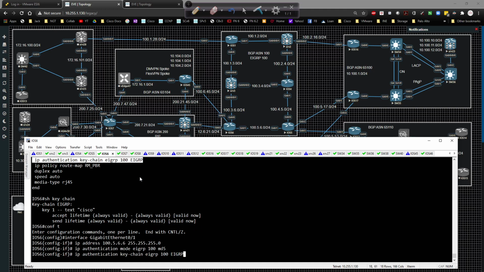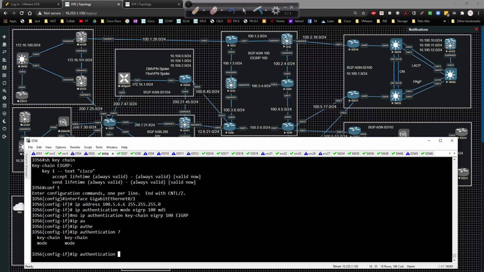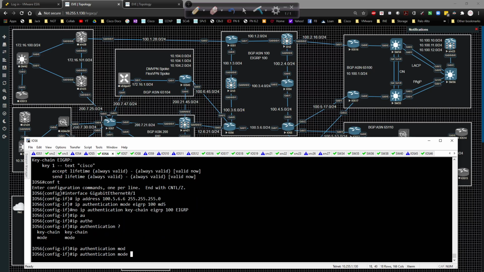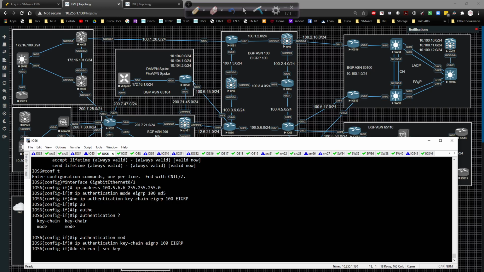Let me just remove that command real quick. Now we'll type in IP authentication mode will be, oh no, I have to have the keychain, never mind. Let me throw that back in there, and then do show run section key. I can toss that back in real quick on here.